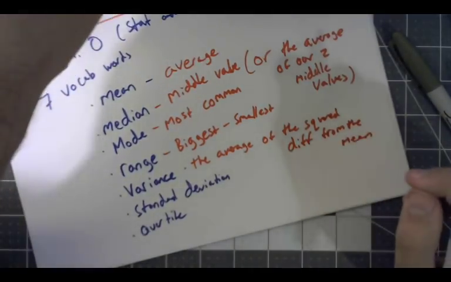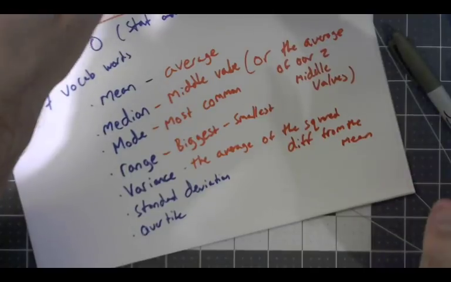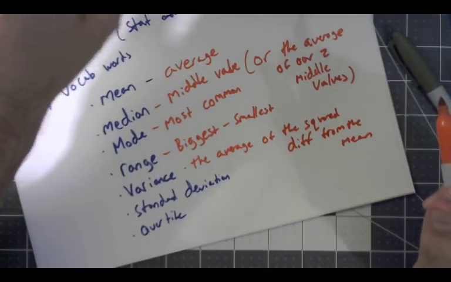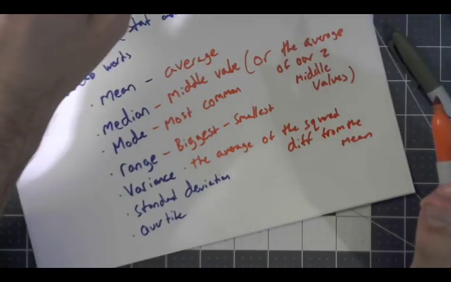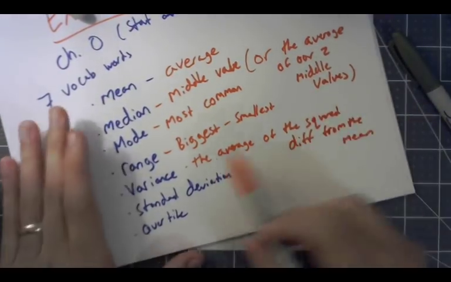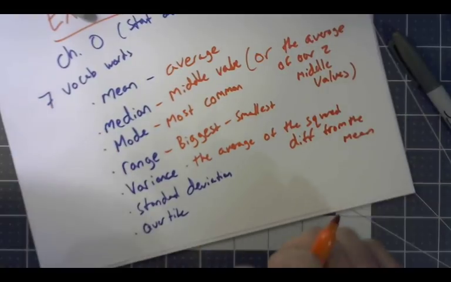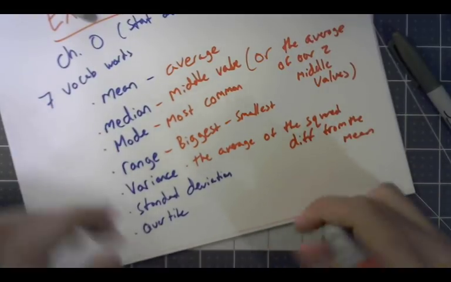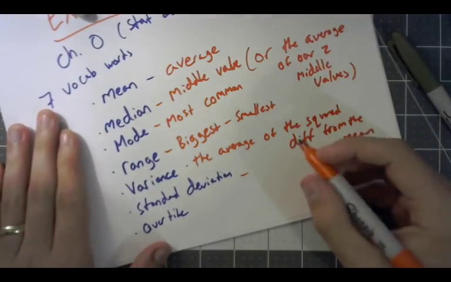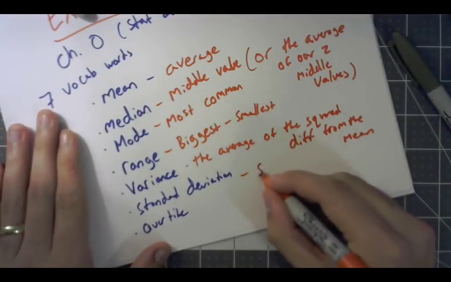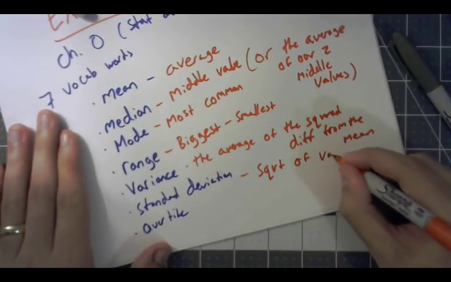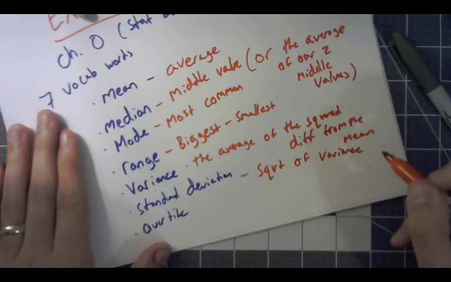So the variance doesn't have any units. It's just a measure of how spread out our data are. Standard deviation, on the other hand, is the square root of the variance.